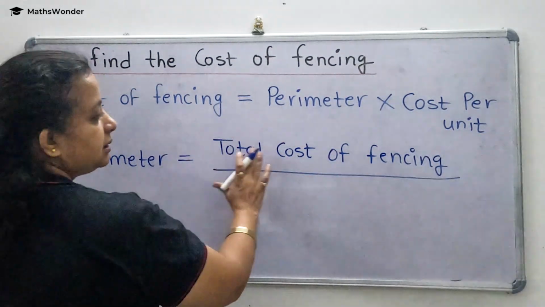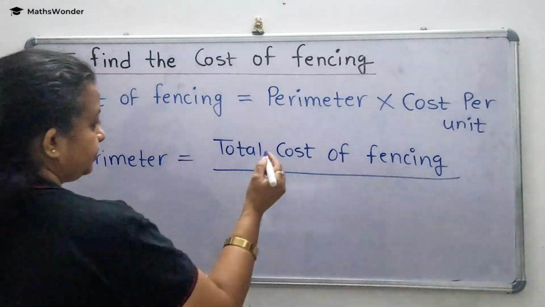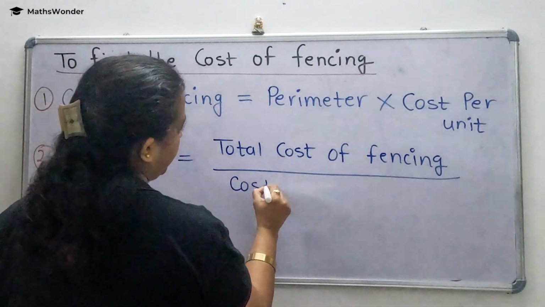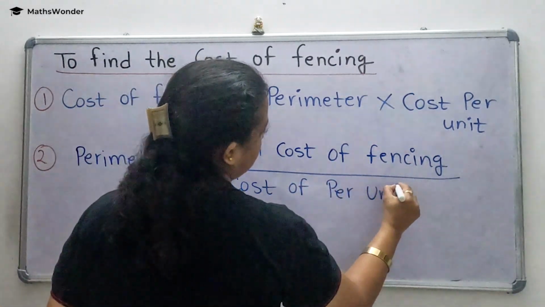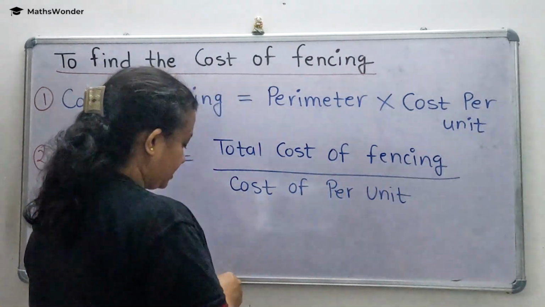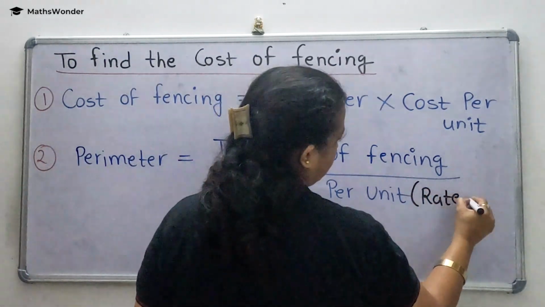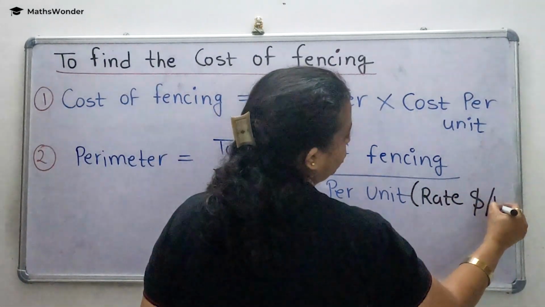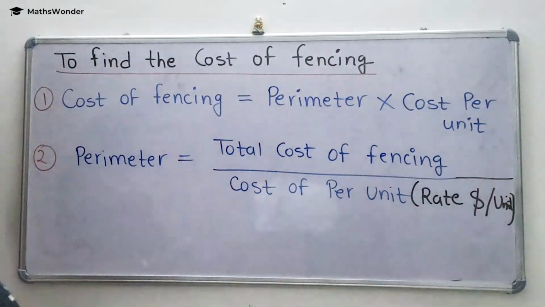You just write the total cost of fencing over cost per unit, or you can say the rate, dollar per unit, dollar, rupees, anything. So these are two very important formulas related to this.